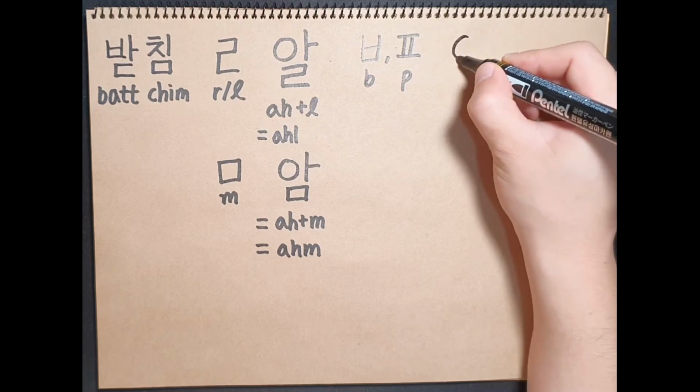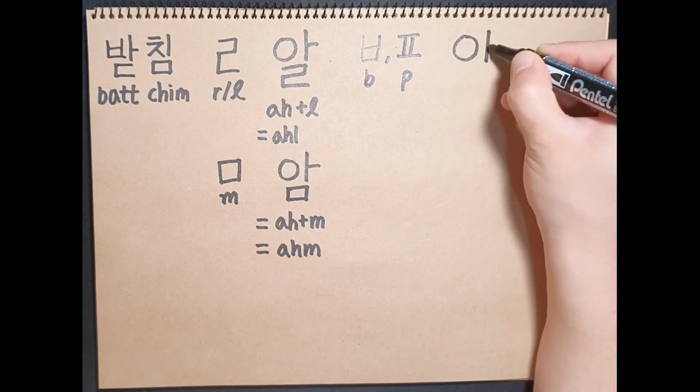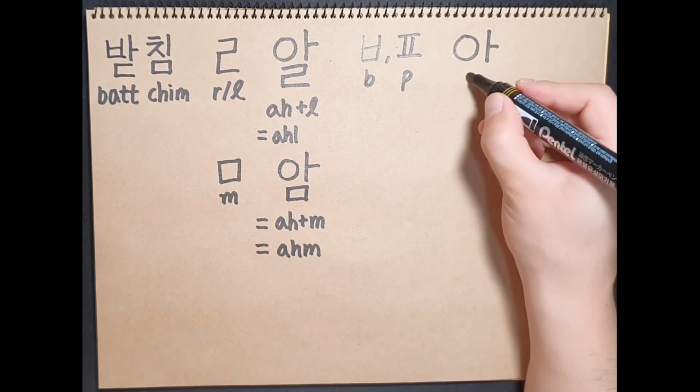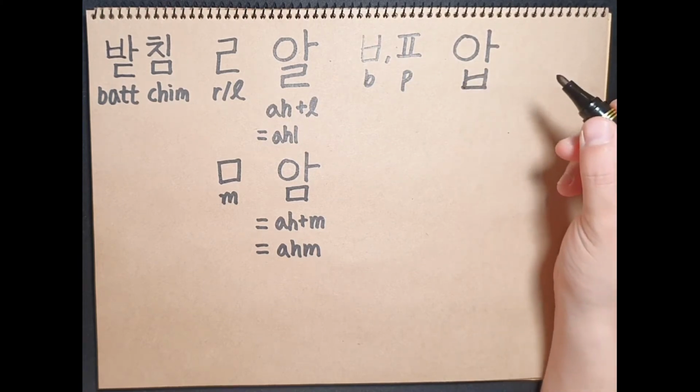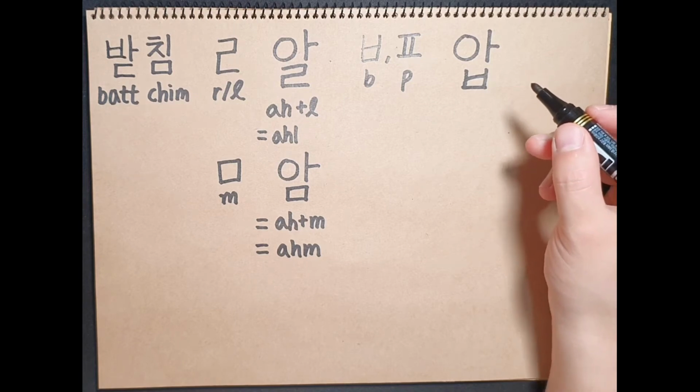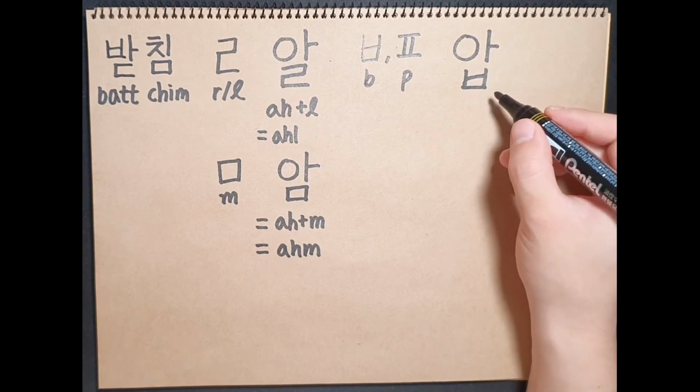So let's continue with A. When you add pieup at the bottom of A, it becomes up.